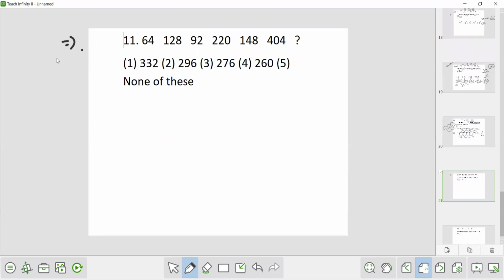Now, how does the question come in this type of two series type? So here it is written 64, 128, 92, 220, 148, 404. Now you must be tempted to see these numbers, 404 and 148. You can see that it's near about 2.5 times. Now as you look behind, it will be 220 and 148, so you will find no logic over here.